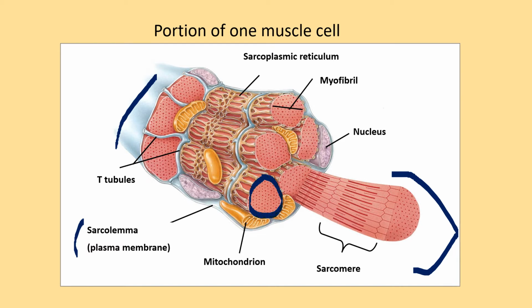And so we'll go there in a little bit. So so far we have a plasma membrane, we have myofibrils. What else? Here's mitochondria. Muscle cells have lots and lots of mitochondria because they have a very high demand for ATP. What else? Nuclei. Muscle cells are multinucleated, which means that in a given cell there are multiple nuclei.